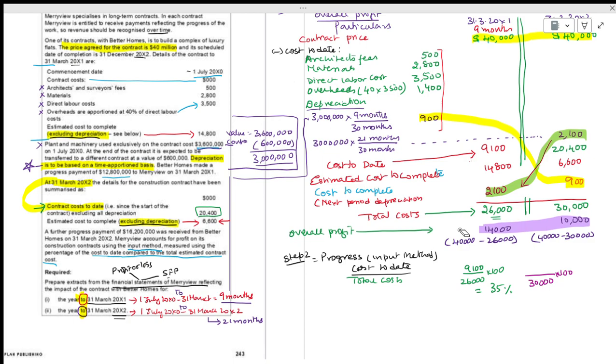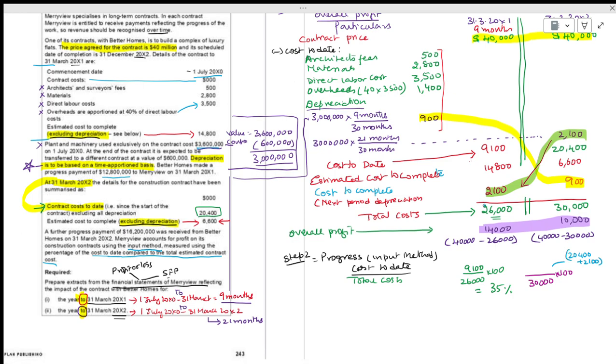Not just 20,400. 20,400 plus 2,100, why? For the next period. For the next period, how much is the depreciation?